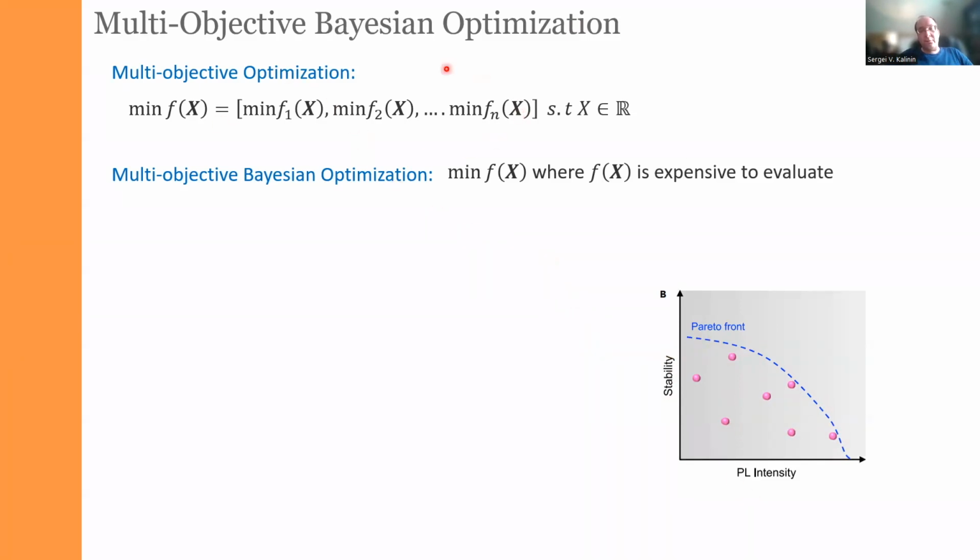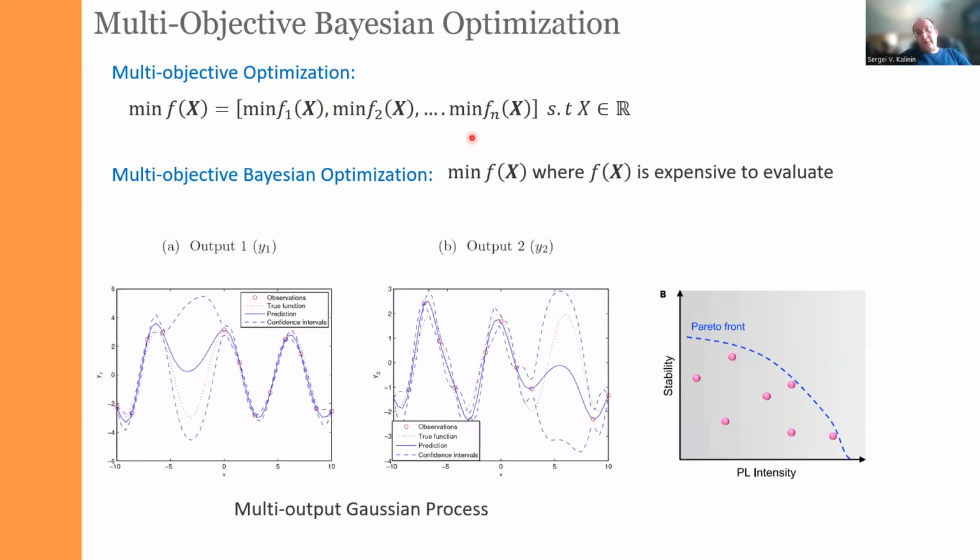So how can you do that? Obviously, if you have all the functions explicitly and you can evaluate them, then you just calculate everywhere. The difficulty becomes if the functions are expensive to evaluate. In this case, it becomes a Bayesian optimization, but where rather than trying to improve one function, we try to improve two functions, and we seek to discover the Pareto front between these two or more functionalities.